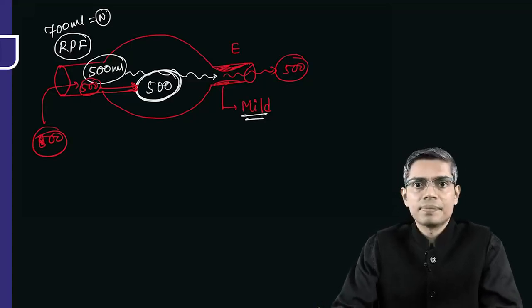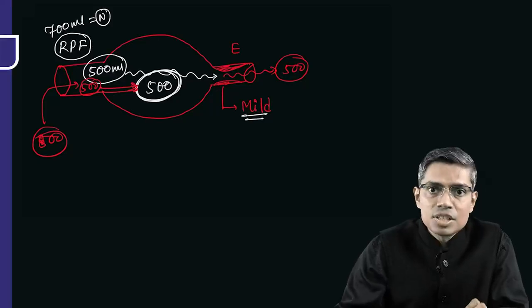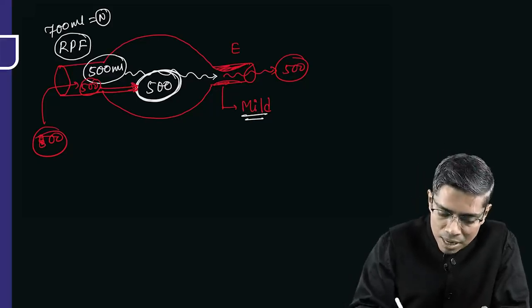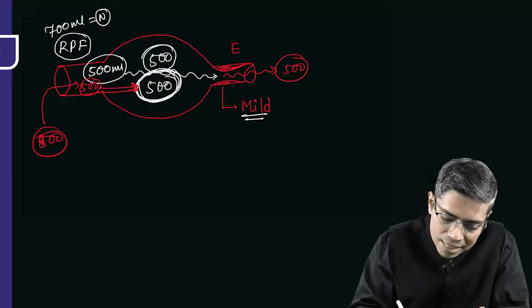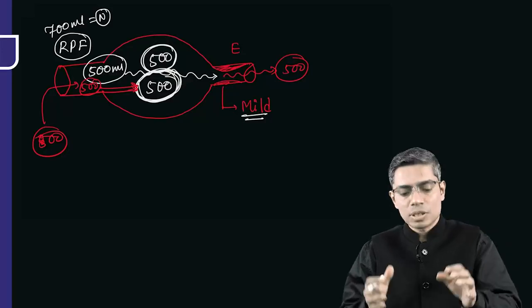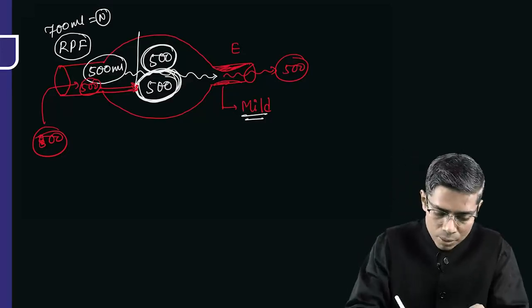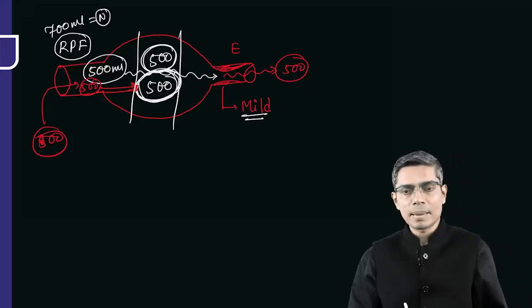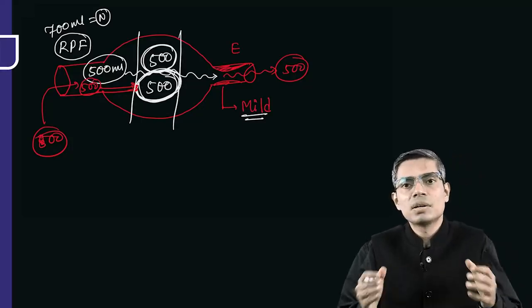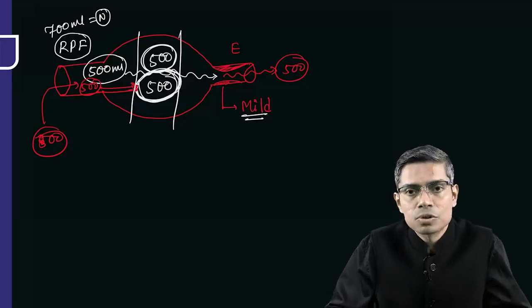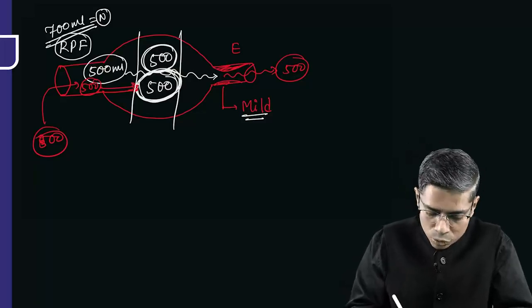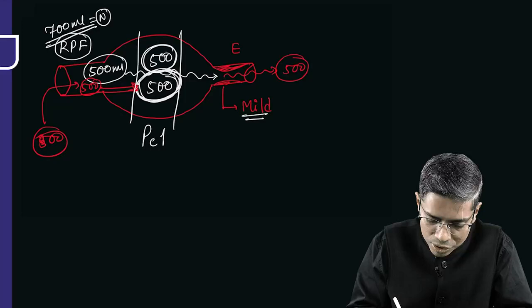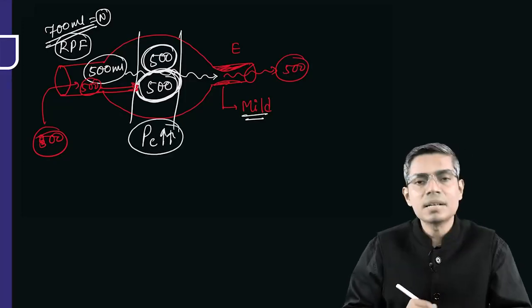So I can understand that in steady state condition, 500 ml of plasma was already there. Another 500 ml of plasma is adding up with this volume of plasma. So the total volume of plasma which is present at the level of glomerular capillary in this condition is 1000 ml approximately. So 1000 ml means this is more than normal volume of plasma. So what will happen to the hydrostatic pressure of the glomerular capillary? High.